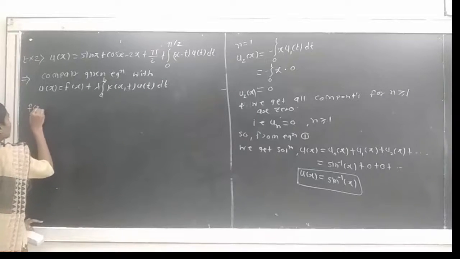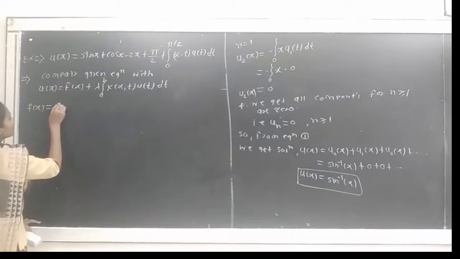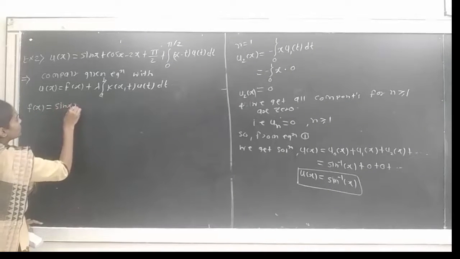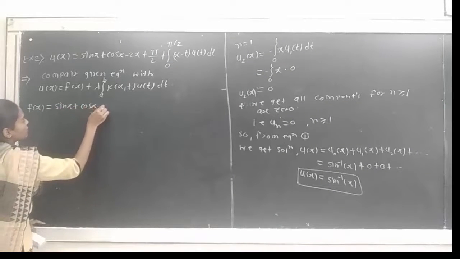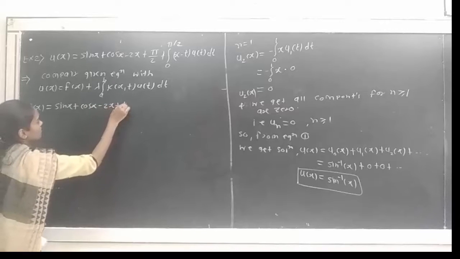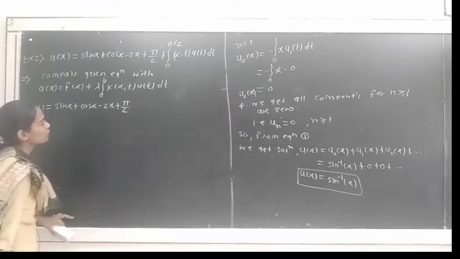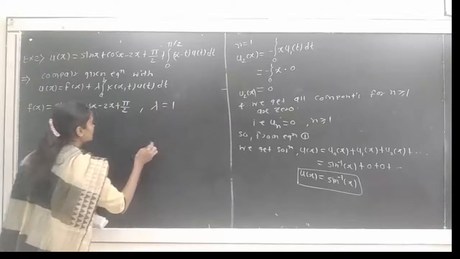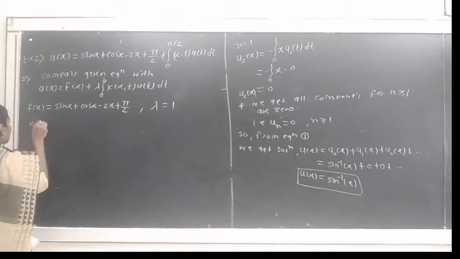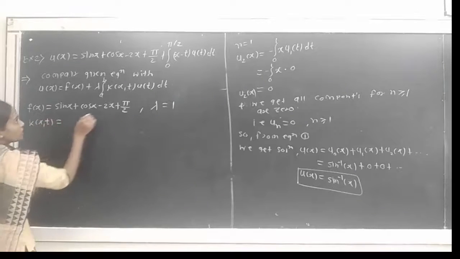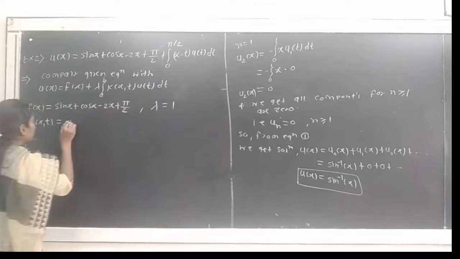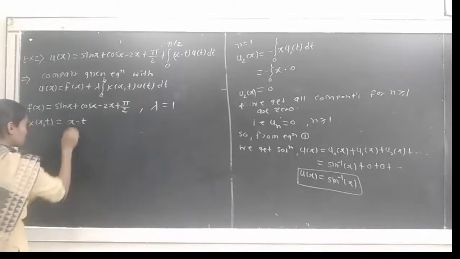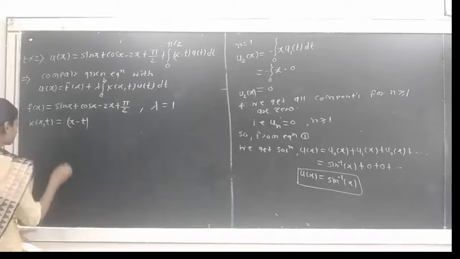Then we get f of x is equal to sin x plus cos x minus 2x plus pi by 2. Lambda is equal to 1, and kernel k of xt is x minus t.